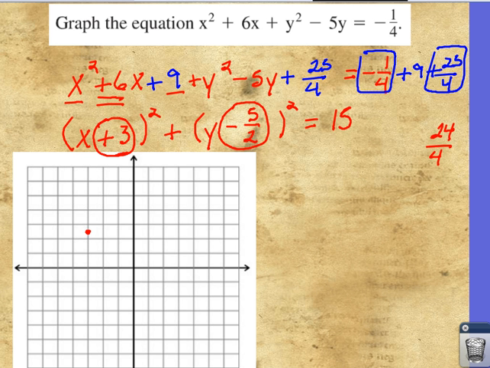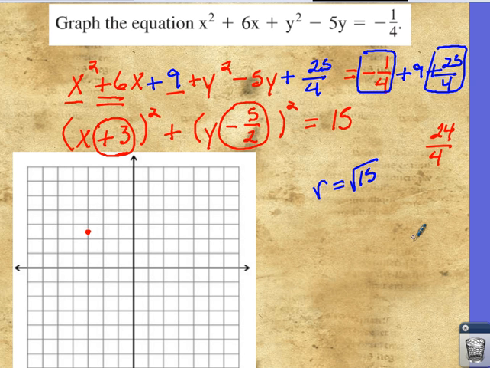The radius of this circle is, don't say 7.5. I hear that all the time. You don't have that to find the radius. This is r squared. In order to find the radius, you're going to take the square root. Square root of 15, which is about nearly 4. 3.87. How close is that to 4? Really close, right?